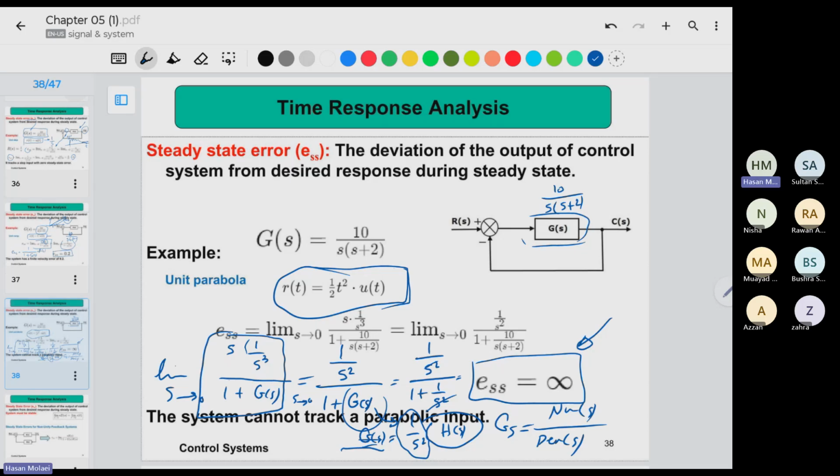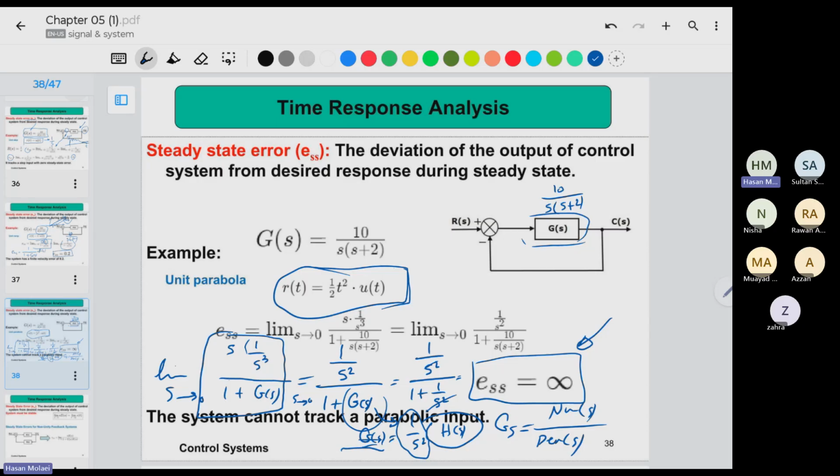Exactly, right? Because we need to make sure there is 1 over S. I just want to add one block to the system.